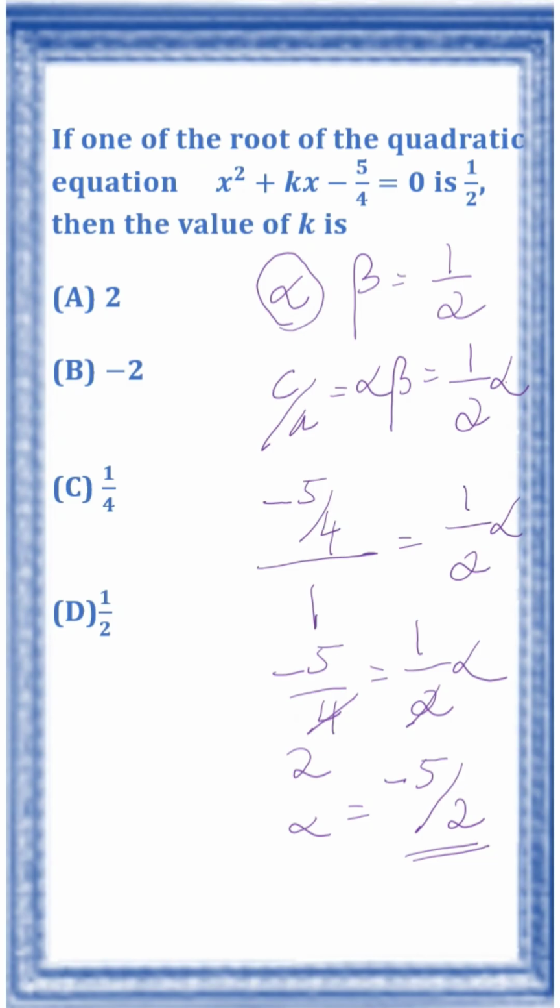Now alpha plus beta is negative of b by a. Alpha is negative of 5 by 2, beta is half.